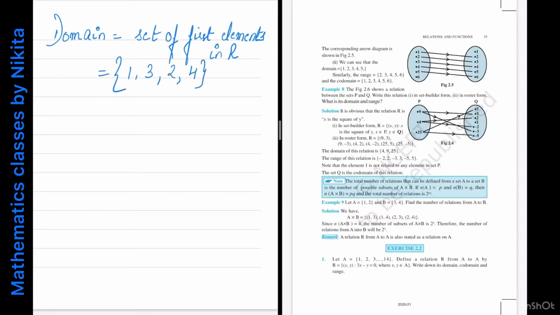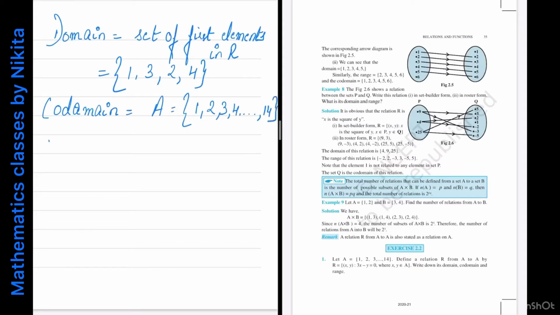And you know that in a set, order is immaterial and repetition is not allowed. And what is the codomain? Codomain is equal to whole of the set A, because if R is a relation from A to B, then codomain is equal to B. Here my relation is from A to A, so therefore this is equal to whole of A, which is equal to this set.